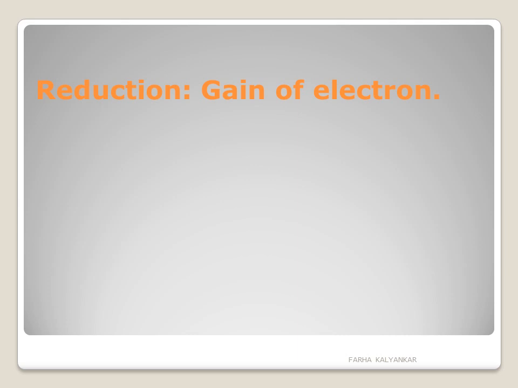Now, reduction is gain of electron. If an atom B gains an electron to form an anion, there should be some atom who should be ready to give up electron so that it is acceptable by atom B. In this example, we have another atom A which is giving up electron to the atom B in the process of reduction.